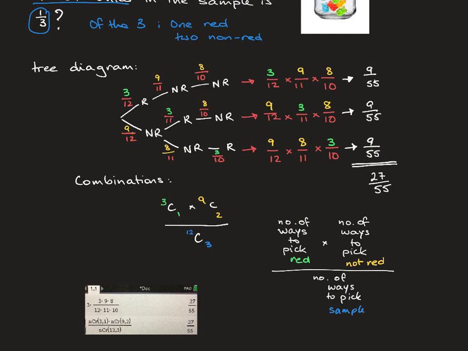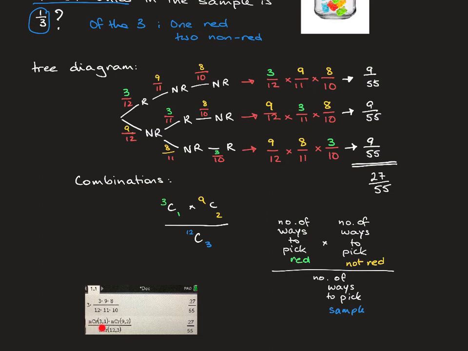You also have to multiply that by the number of ways to pick a not red. So in the jar there's a total of 9 not reds and you need to choose 2 of them. And then you finally divide that whole answer by the number of ways to pick the sample. So you've got 12 things in the jar altogether and you want to choose 3 of them.